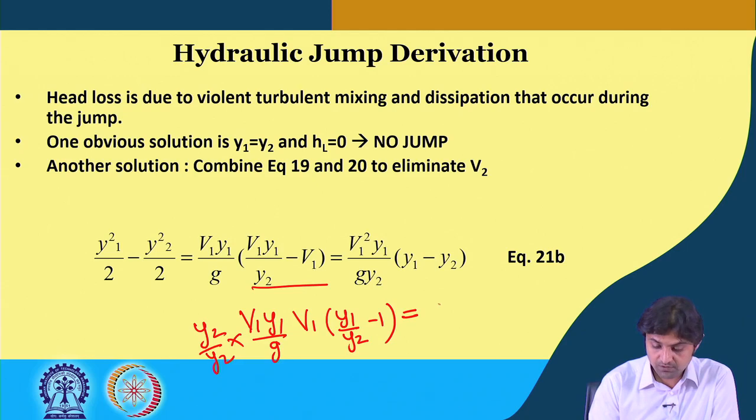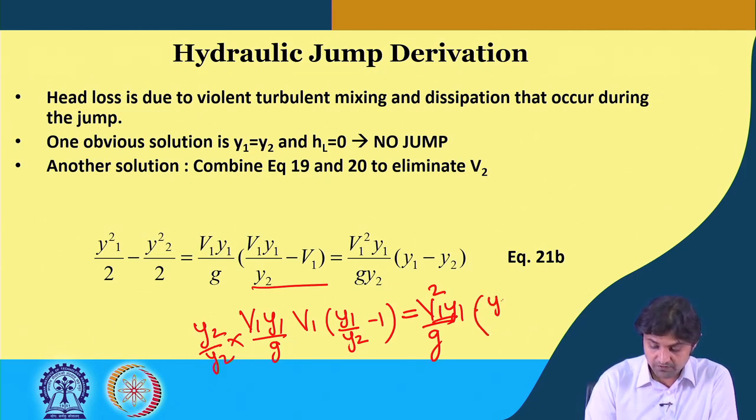So, we have V1 y1 by g. So, this becomes V1 square.